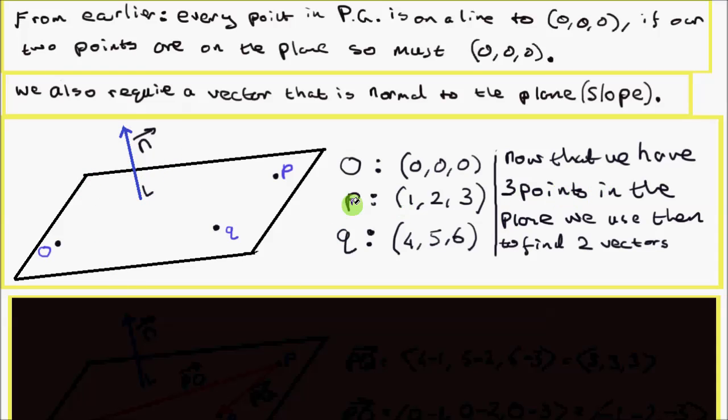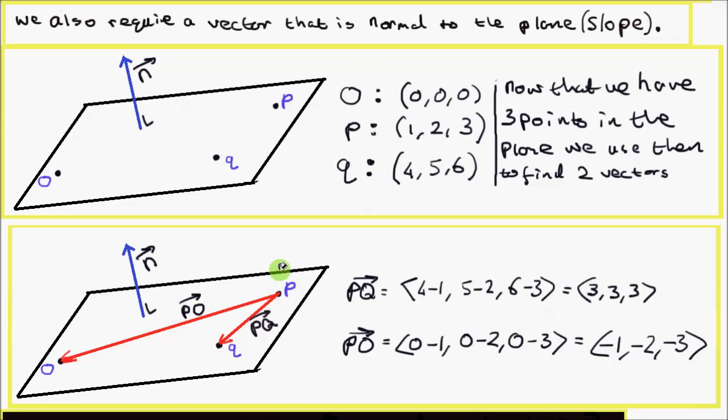Now for our work, any vector that is normal to the plane will do. Now that we have our 3 points located in the plane, we're going to use them to find 2 vectors. I found vector PQ, working from the coordinates of P and Q. I subtracted point P from Q to get the vector PQ.